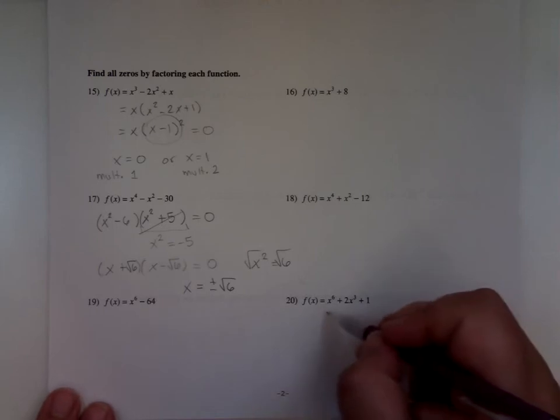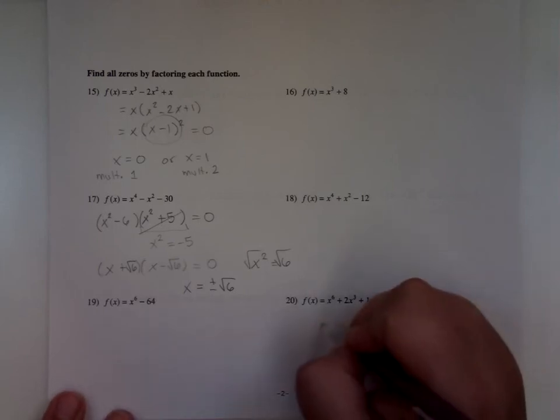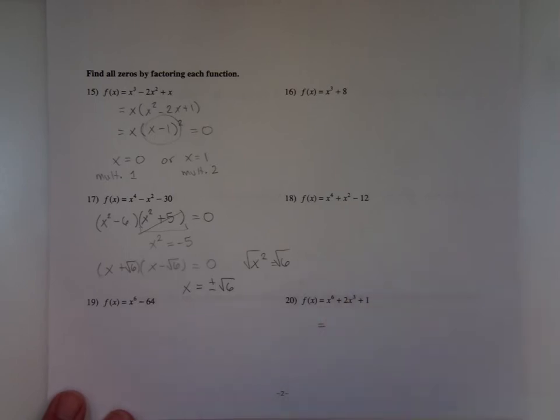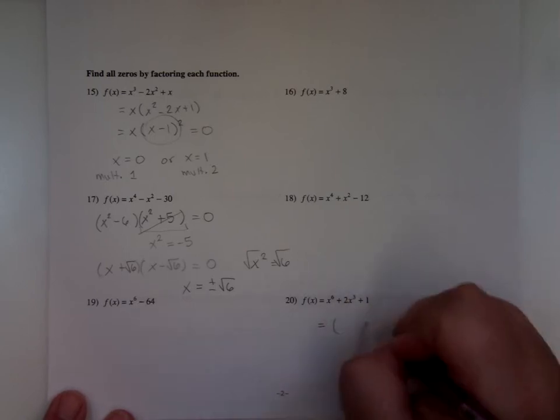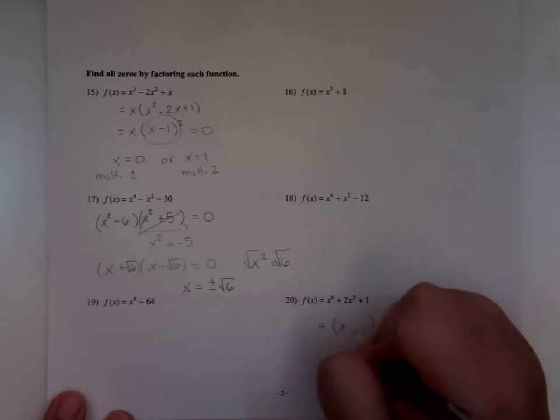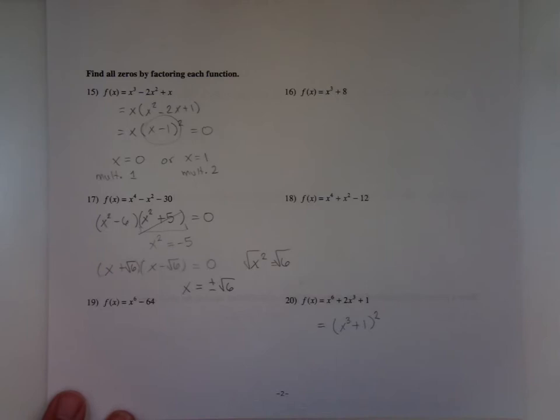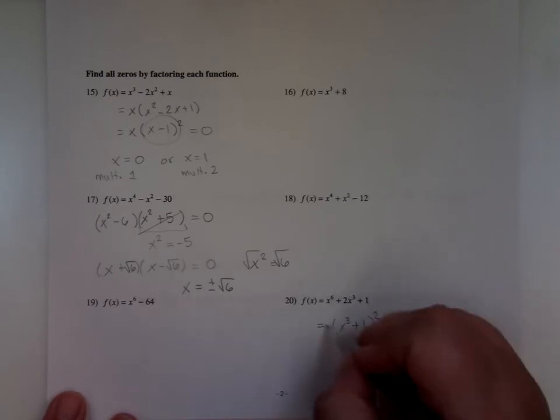Looking at number 20, we can do a similar thing here. This is actually a perfect square trinomial. So this is going to be x to the third plus 1 all squared. And if we set that equal to 0, we can take the square root of both sides.